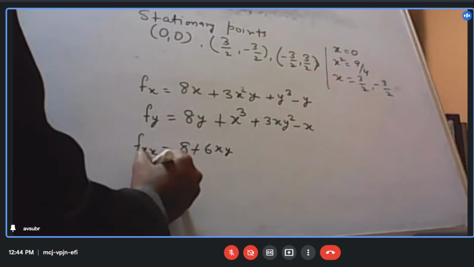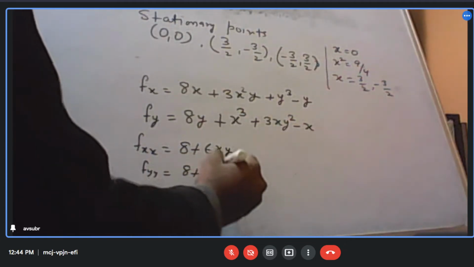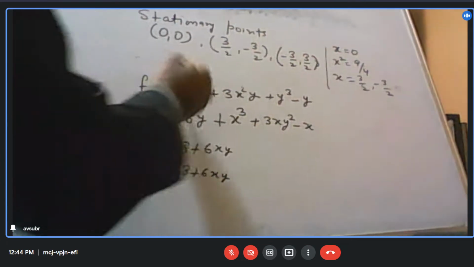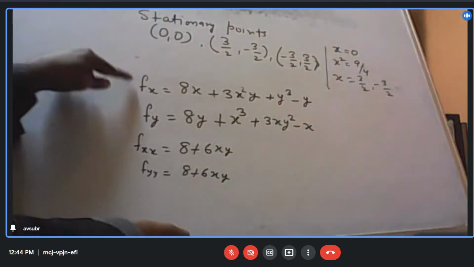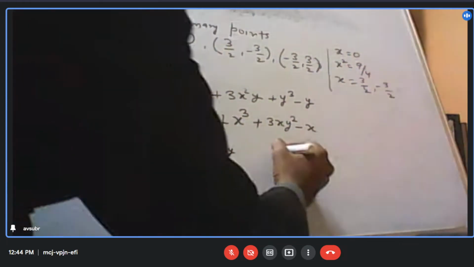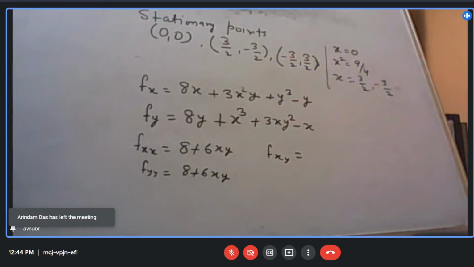And the double differentiation with respect to y is 8 plus 6x. Either of them can be differentiated, this one with respect to y or this one with respect to x, in order to obtain fxy.